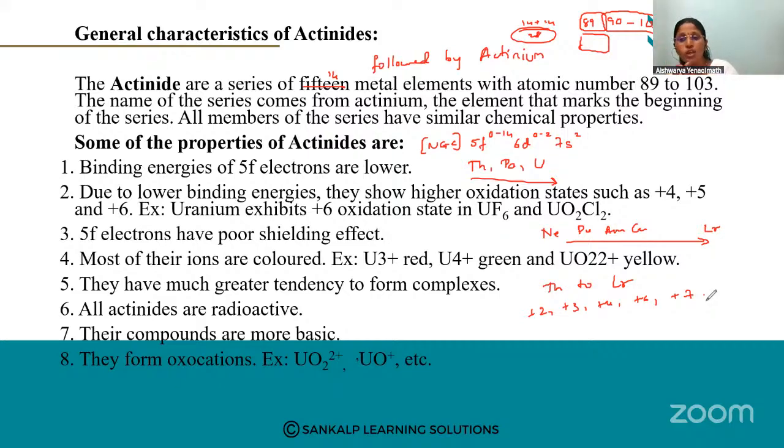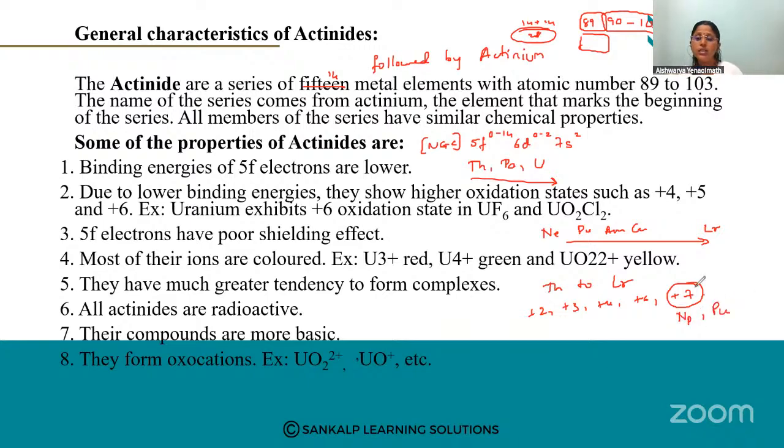When the energies are comparable, some electrons can be lost from the n minus 1 to n minus 2 levels, and then variable oxidation states appear. So 5f orbital electrons also participate in bonding. The first half of the series exhibits the highest oxidation states. The highest oxidation state is +7, shown by neptunium and plutonium.